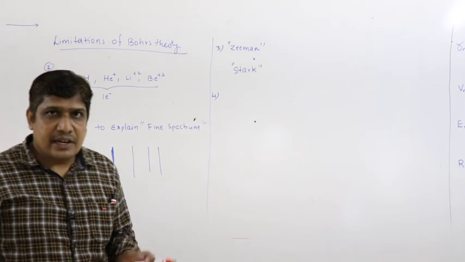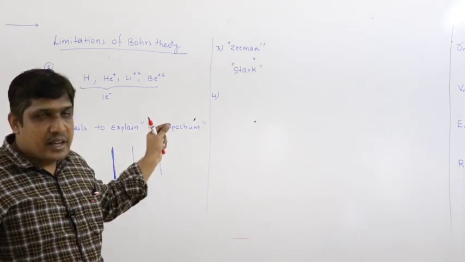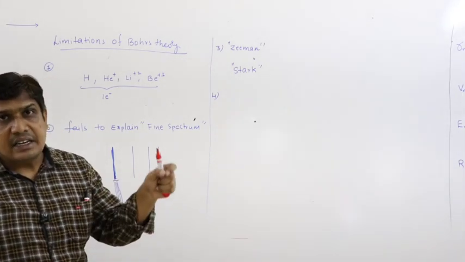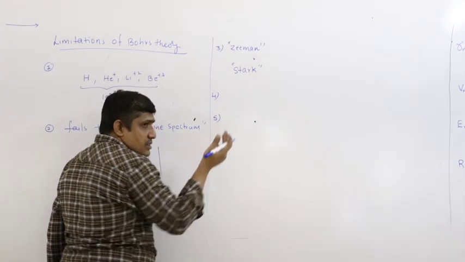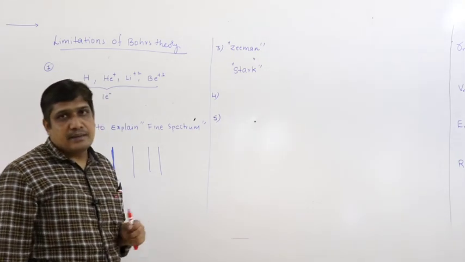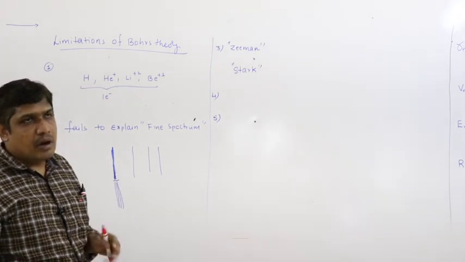What the uncertainty principle is, we'll study in the coming class, but the point here is Bohr's theory contradicts the uncertainty principle. For the time being, just remember that point. I will explain the meaning of uncertainty principle later. Next, it doesn't explain chemical bond formation.